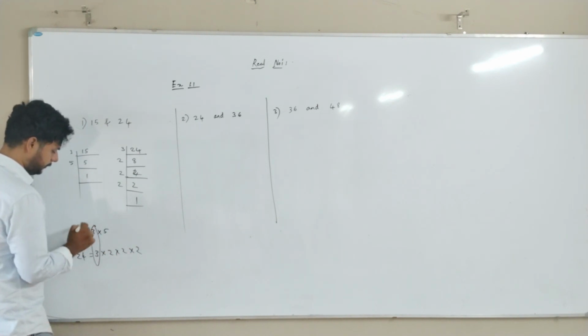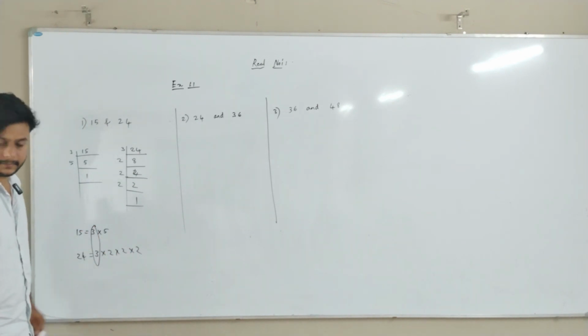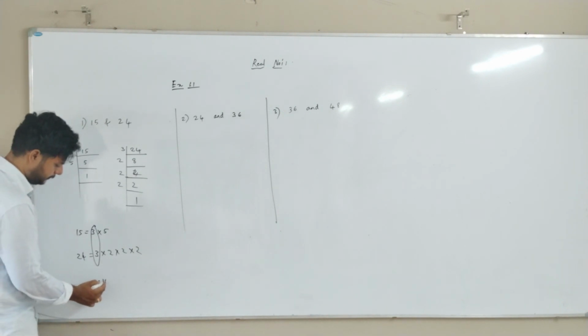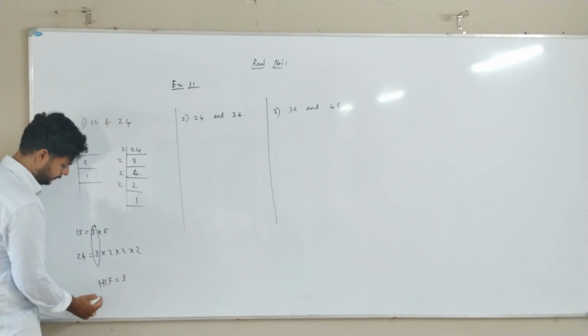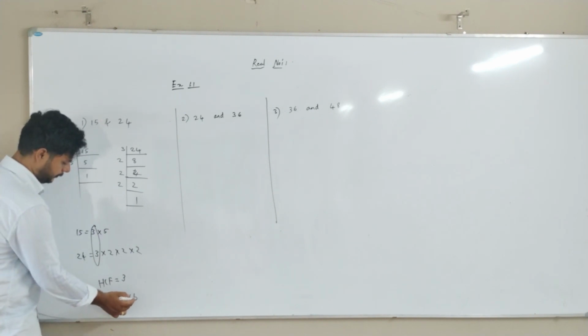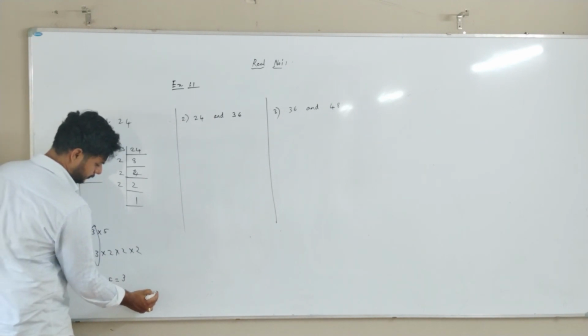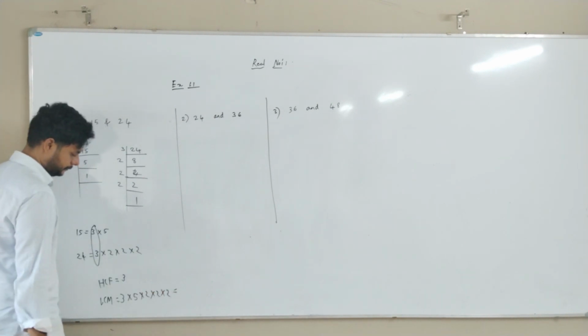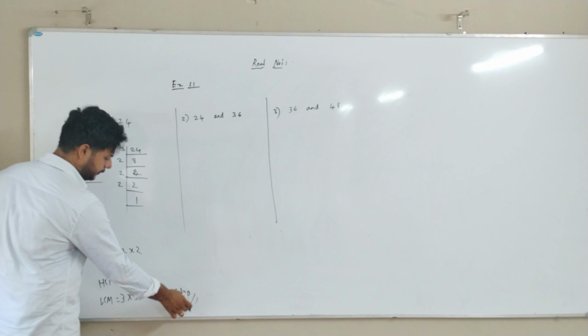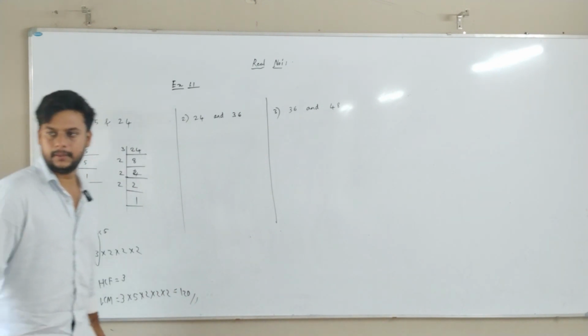The HCF is 3, the common factor. LCM is 3 into, here 5 is remaining, into 2 into 2 into 2. What is the answer? 120. Very good.